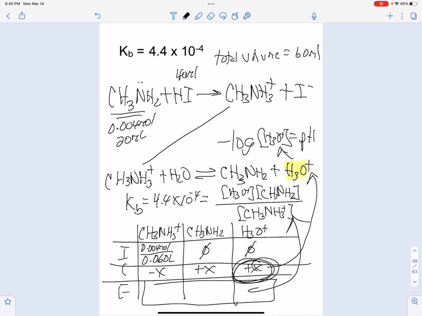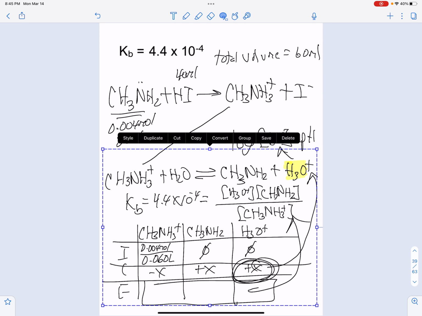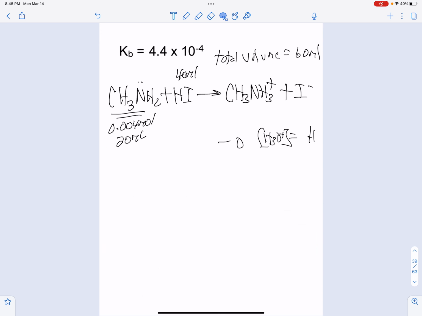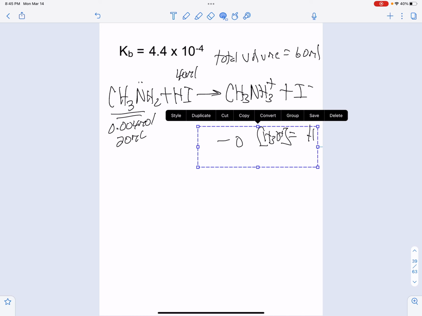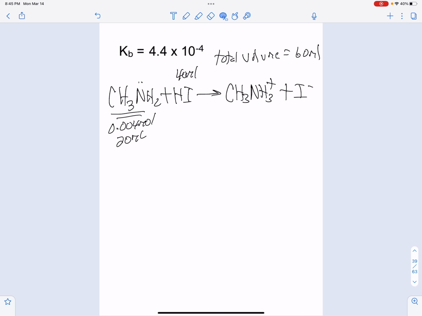What about right at the beginning, before you add any hydroiodic acid? Well, right at the beginning, let me show you the story now. Like I just said, you haven't added any hydroiodic acid.